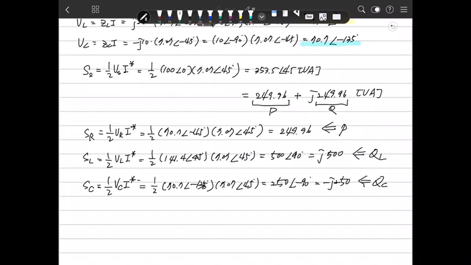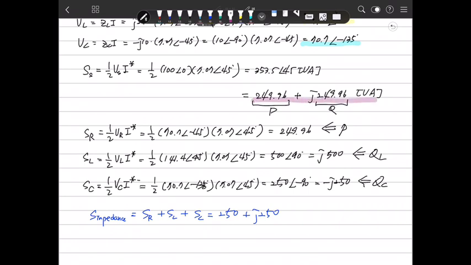Therefore, the power consumed by the impedance R, L, C is S impedance, which is SR plus SL plus SC, and what is supplied from the source is that value.